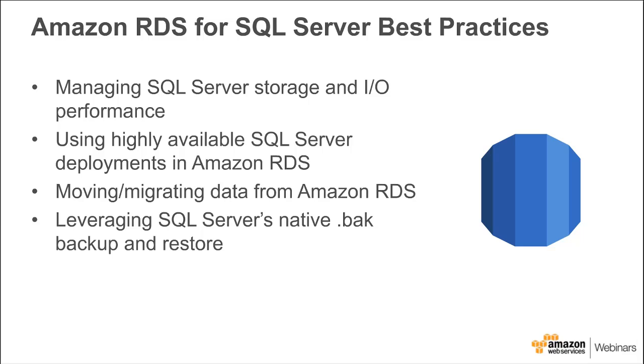High availability is managed by the AWS service, but it's important to understand the characteristics of that configuration. Additionally, because it's a managed service, a common ask is to learn more about the best practices to move and/or migrate data to and from the platform. So we'll discuss this briefly later on as well.